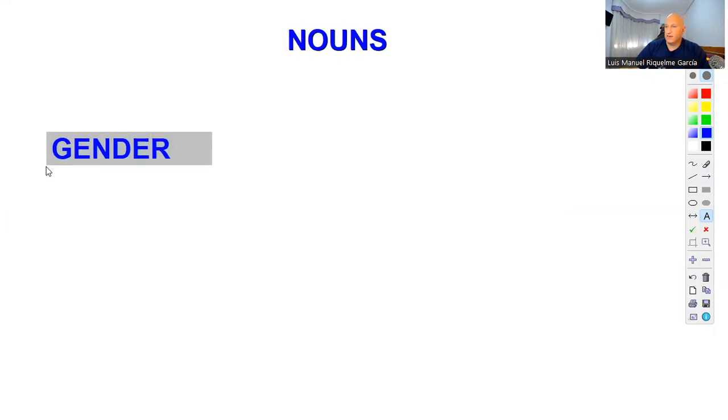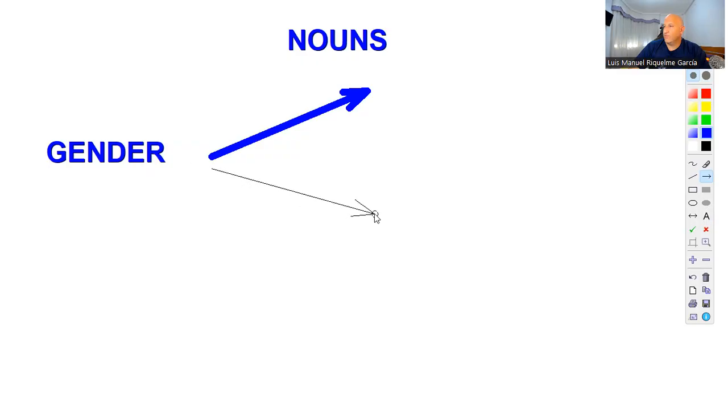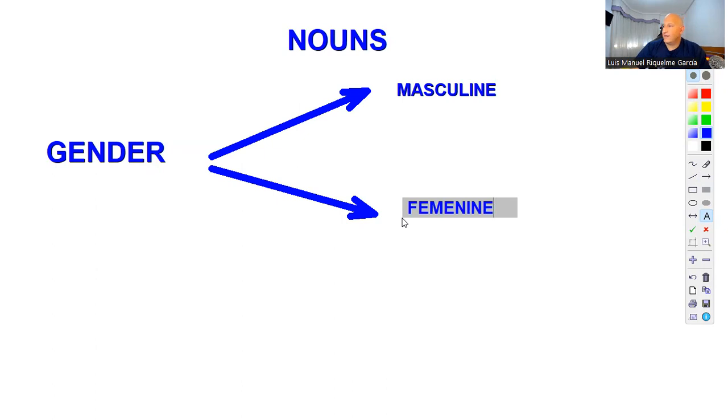They will always be either masculine or feminine. And it's quite important that we are able to recognize if a noun is masculine or feminine.